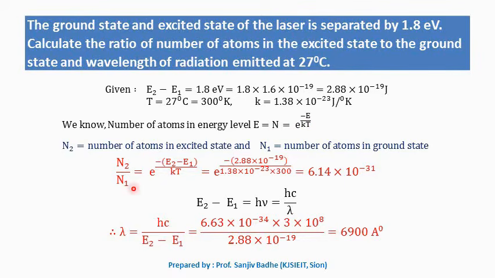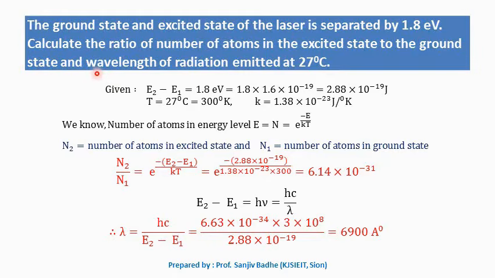Therefore N2 upon N1 can be written as e raised to minus (E2 minus E1) by kT, and we can calculate it to be 6.14 into 10 raised to minus 31. So N2 is the number of atoms in the excited state, N1 is the number of atoms in the ground state, and this ratio we have calculated as 6.14 into 10 to the power minus 31.